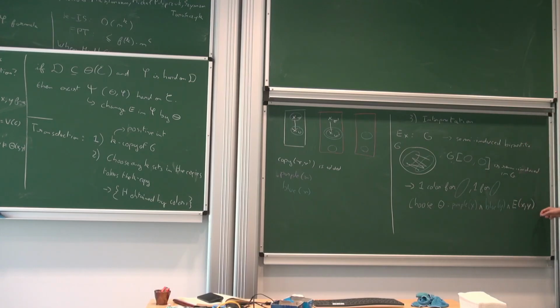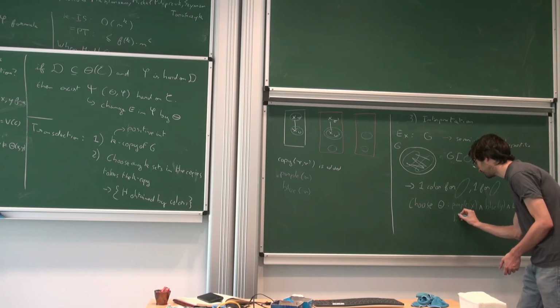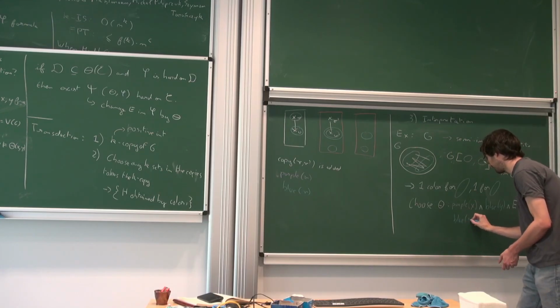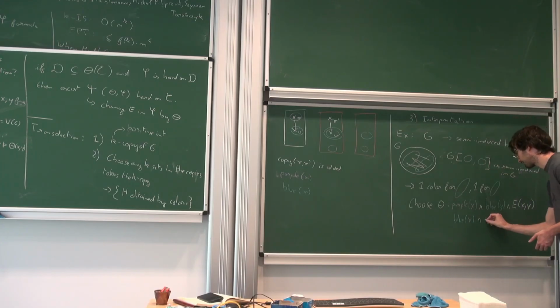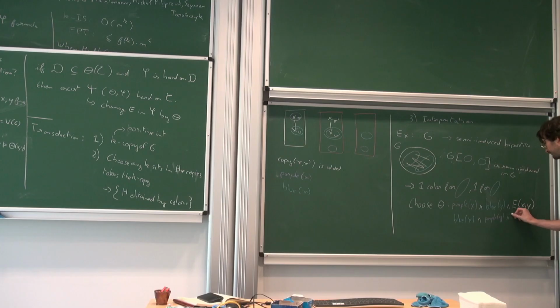So the only pairs that can satisfy this are the ones with x in purple, y in blue, and an edge between. Since we want an edge relation, we should make this formula symmetric between x and y to add the other possibility: blue of x and purple of y. Okay, does it make sense?